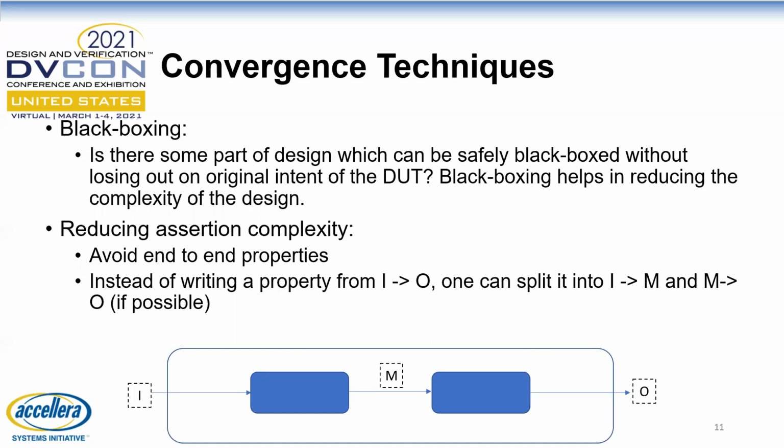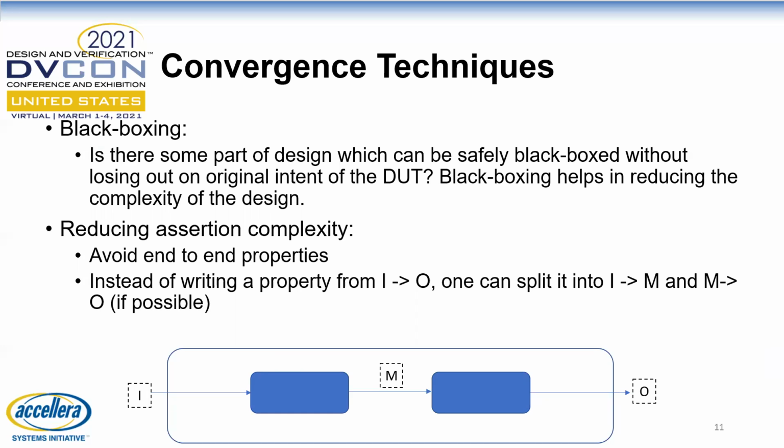So the first one is the obvious one, which is: can we black box certain portions of the DUT without losing the intent of the design? Again, this is subject to the condition that black boxing is possible for that setup, without either losing the design intent or by modeling the design intent in some other way. If it is possible, then it can definitely help in reducing the complexity of the setup.